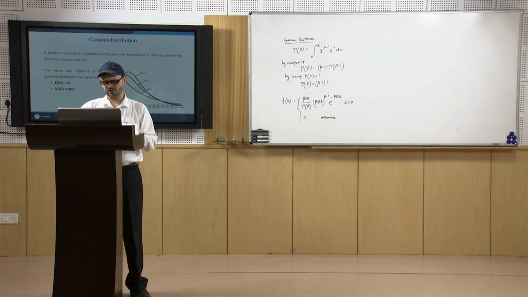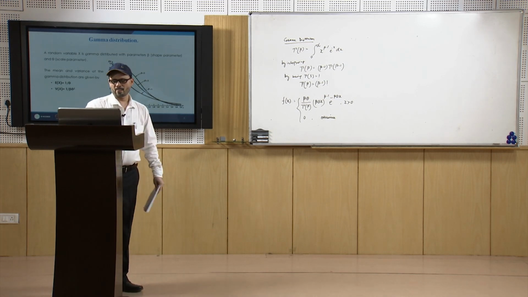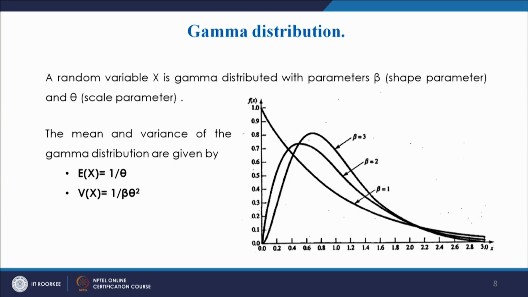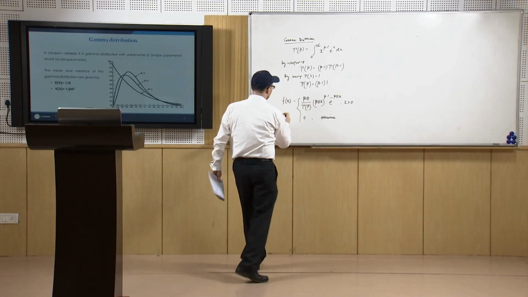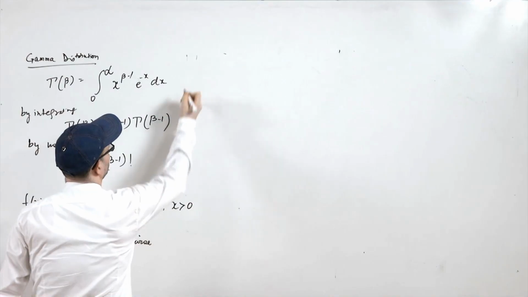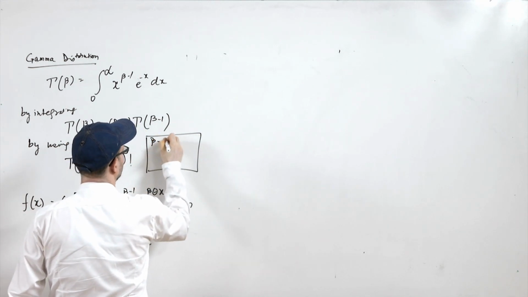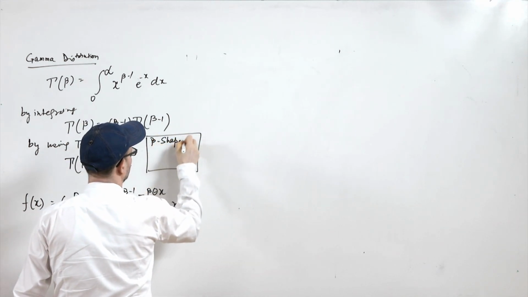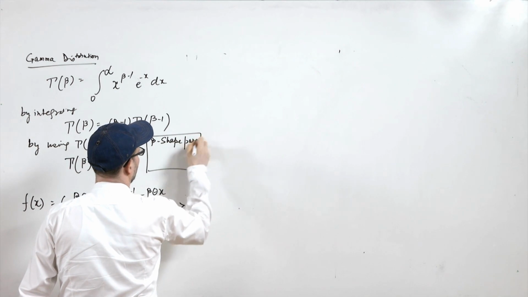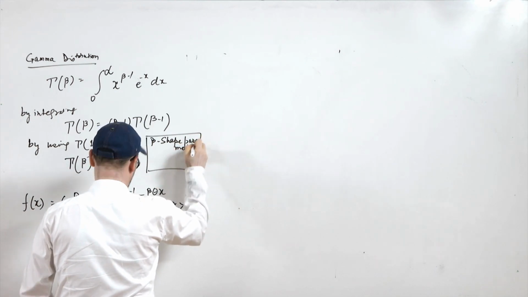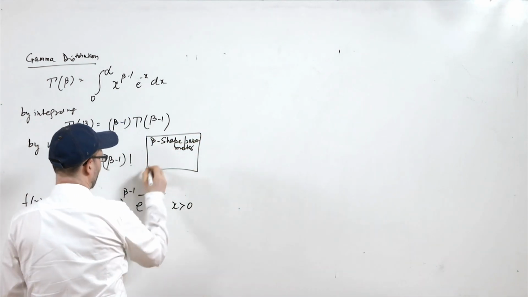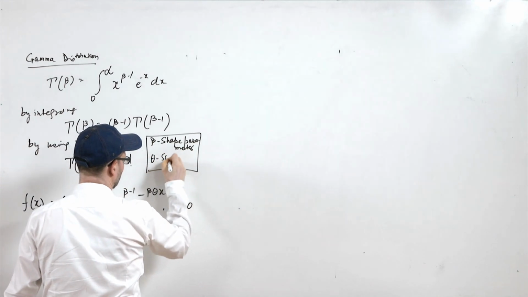Now, for the gamma distribution, beta is known as the shape parameter, and theta is the scale parameter.